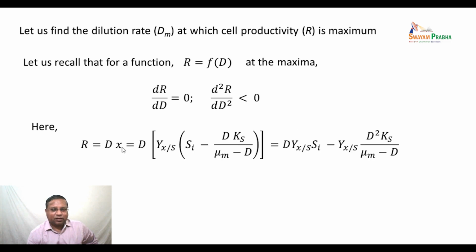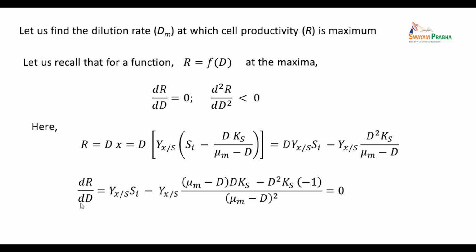Here, r is nothing but Dx, which can be written in terms of the other variables as D times Yxs times the substrate concentration, therefore Yxs times (Si minus D Ks by (mu m minus D)). If we expand, we will get D times Yxs times Si, the first term, minus Yxs D squared Ks by (mu m minus D).